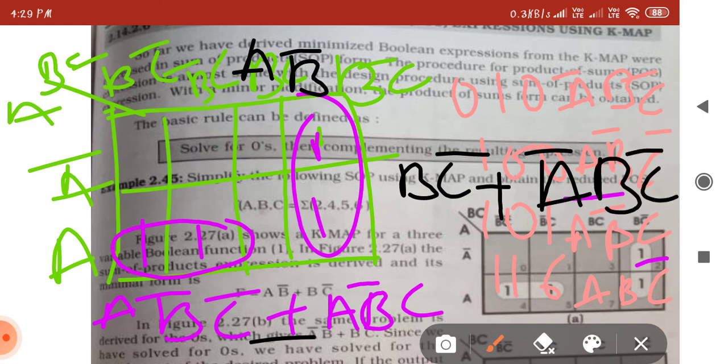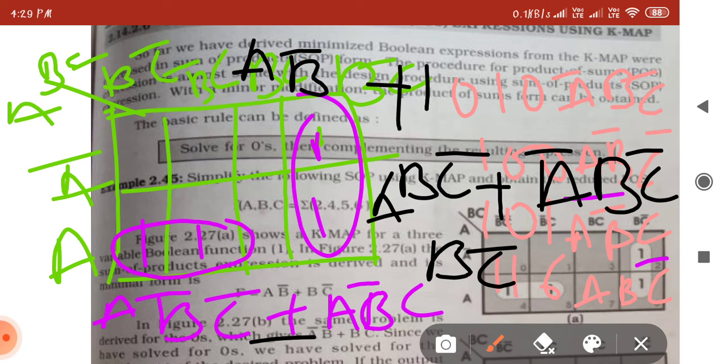Here are the equations. One term I have cancelled. B C bar is common. So A B bar plus B C bar.